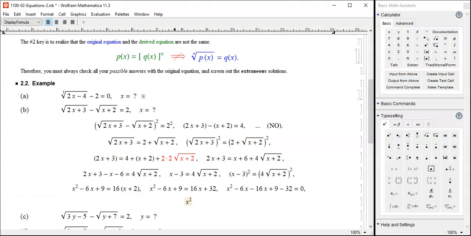X squared minus 32x and then 32 minus 9, so it is 23. No, 20. Yes, that's 23.